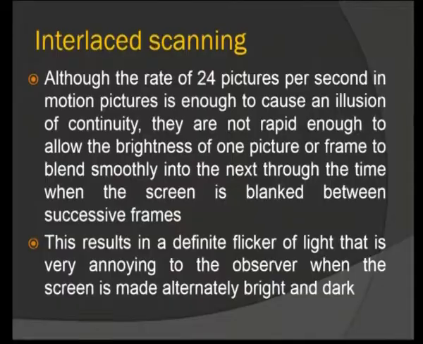How it works: although a rate of 24 pictures per second, that is the rate at which frames are transmitted, 24 or 25, will be standard, this will not be enough for continuous vision, because if one frame is missed, it may appear as a blanking frame and cause a flicker.